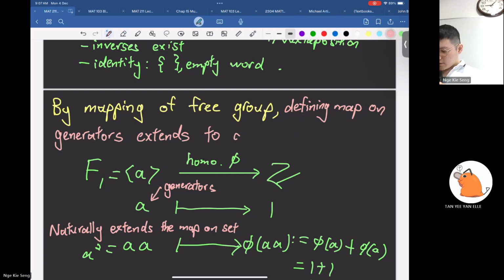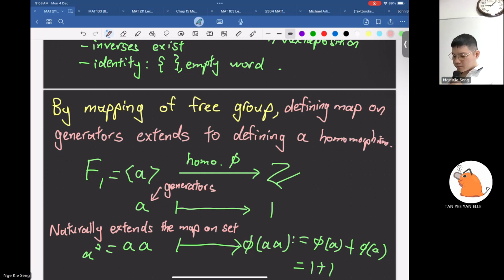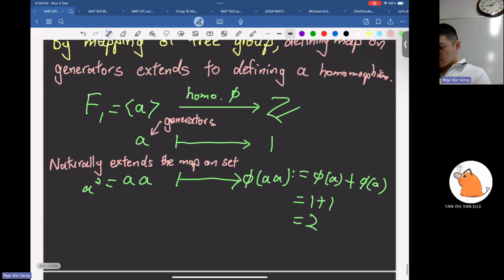This is the good thing: if you just define a map on generators, it will naturally extend to a homomorphism. Does it make sense? Okay. So you naturally extend it.